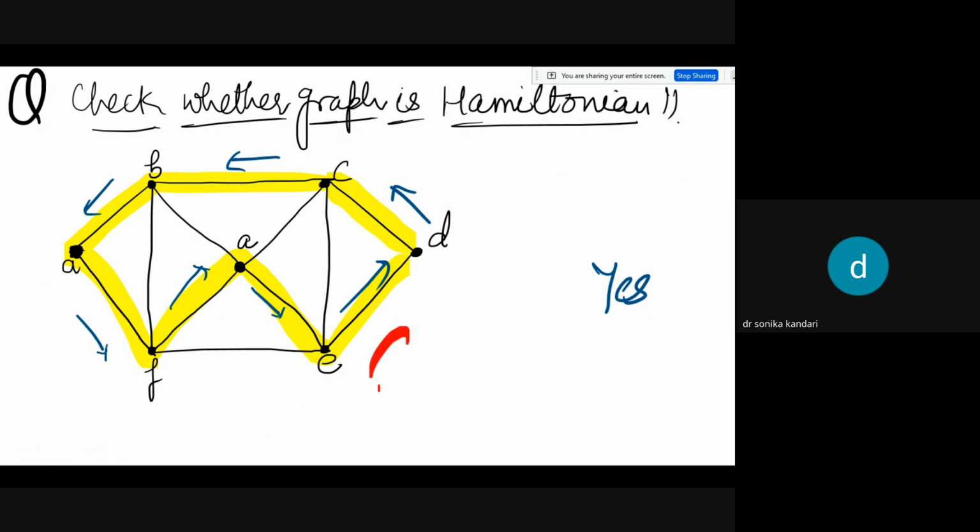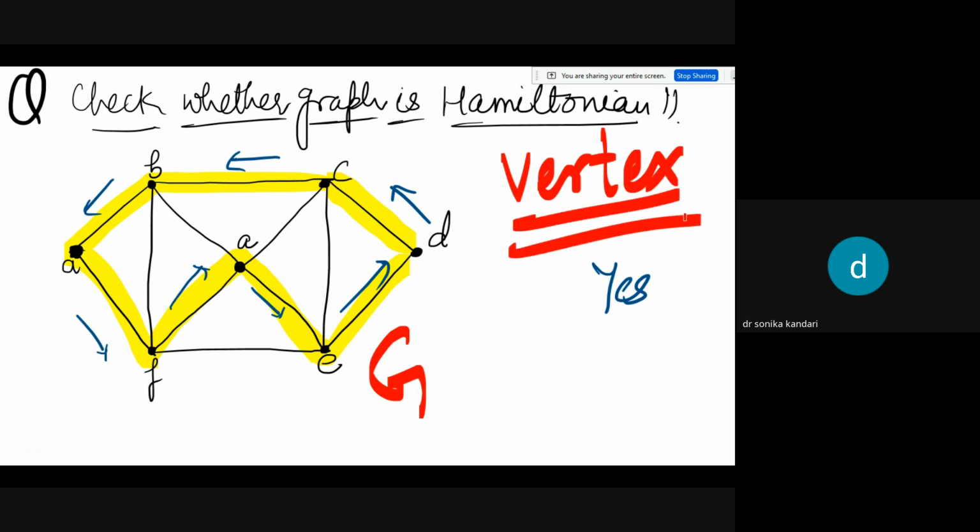See, this is a graph G. Now we are concerned about the vertex. Let's start from here. We have to cover every vertex exactly once. So we started from here.